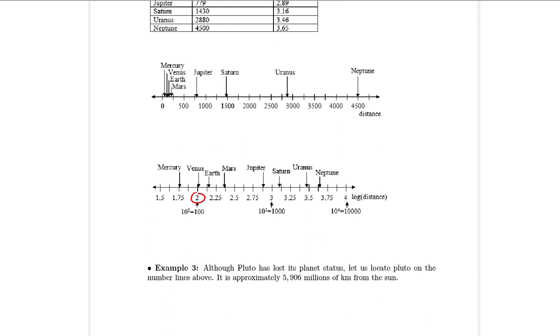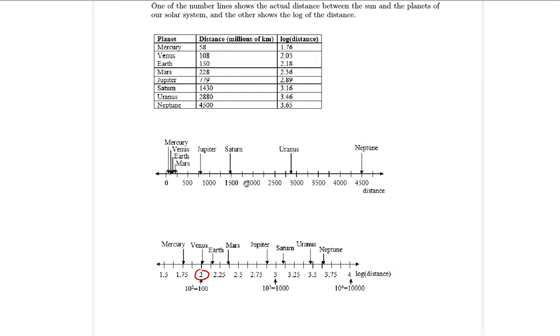Well, if I go up here and find Venus, the distance from the sun to Venus is about 108 million kilometers. So if you take the log of 108, I think we could all agree that that's pretty close to the log of 100, right?